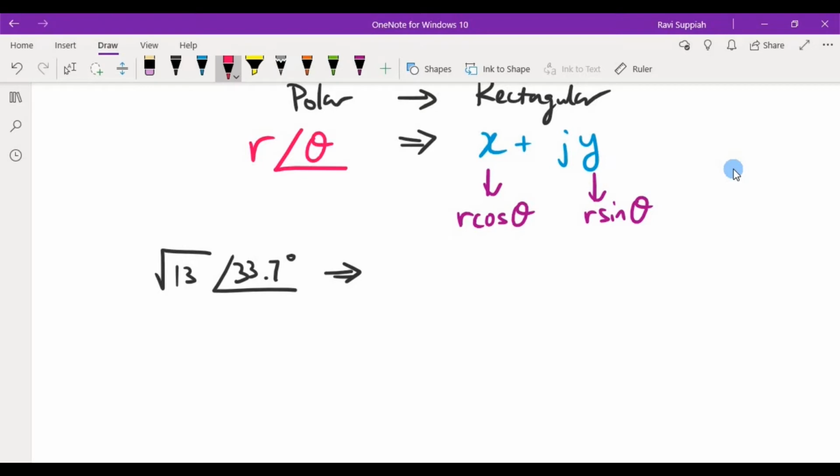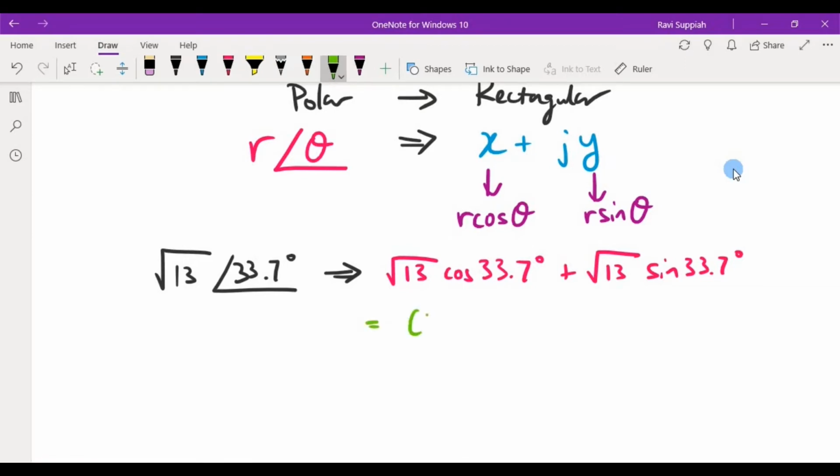So x is r, which is square root 13, cosine 33.7 degrees, plus r sine theta, 33.7 degrees, and that will give me 3.6 here. Cosine of 33.7 will be 0.83, plus, so here I must remember to put a j, because this is the imaginary part.